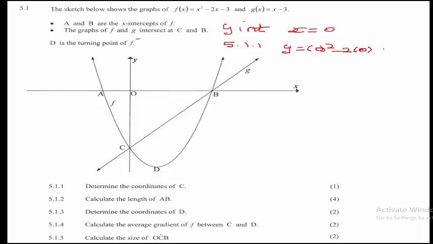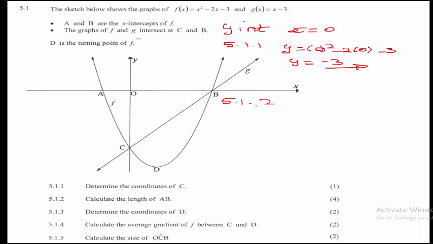Okay, so we have that naught, we have minus 3, therefore y is equals to negative 3. Similarly for the other graph, the linear function, also you would get negative 3, because if x is naught, then y is equals to negative 3. So once you have done this, you are moving right along. We will go right ahead and do 5.1.2.